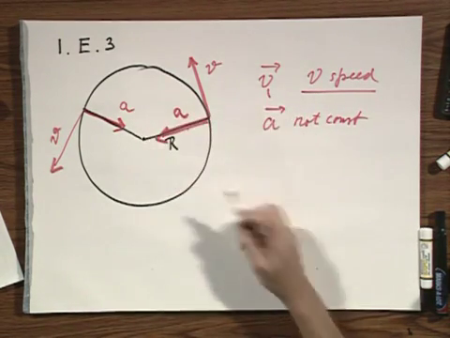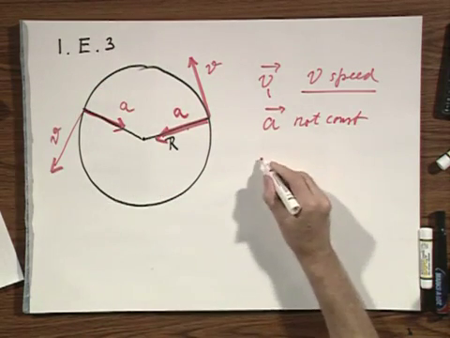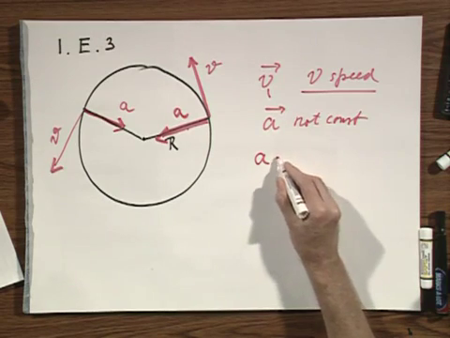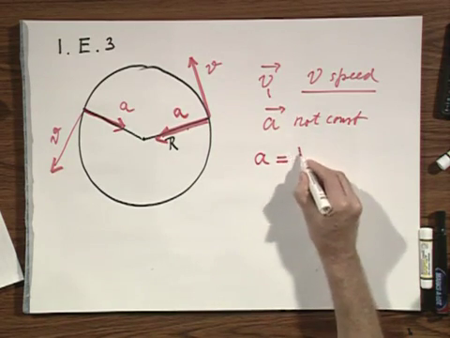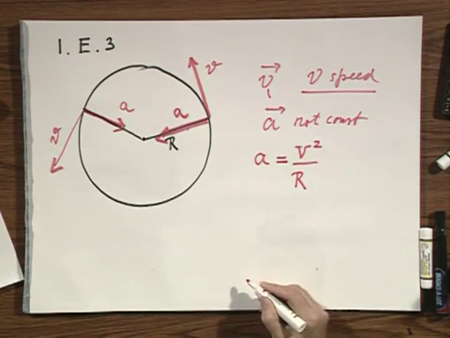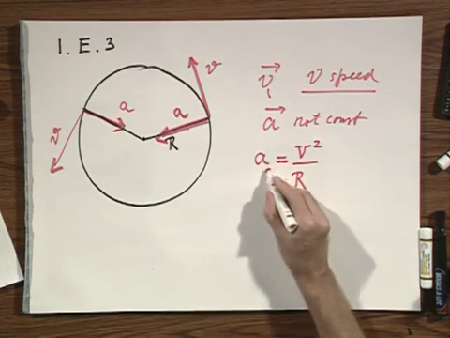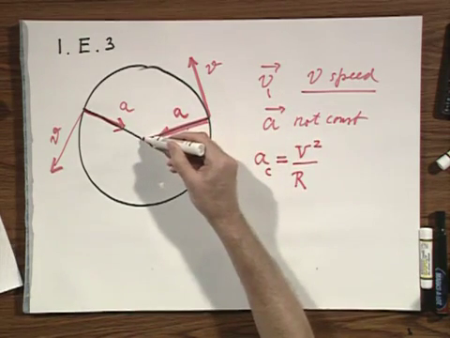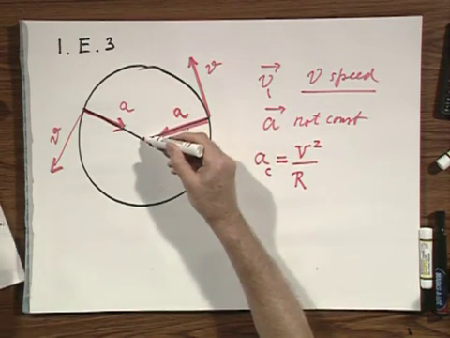A is pointing in this direction, and A is pointing here. The magnitude of the acceleration is constant. And that, I will give you without proof, is v squared divided by r. Sometimes you see a little c here, which indicates centripetal. It's pointing towards the center of the circle.